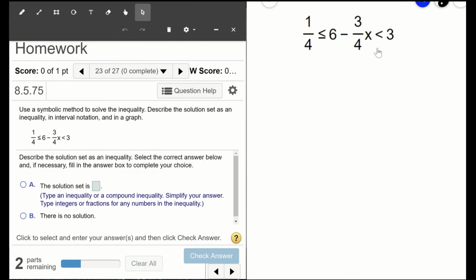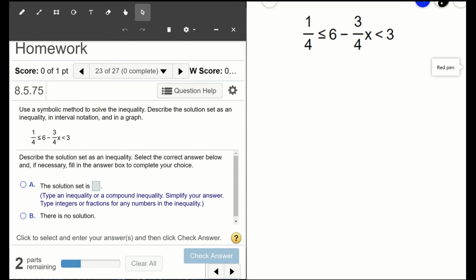All right, so here we have a three-part inequality. And remember, with three-part inequalities, whenever you do something to one part, you have to do that to all parts, right? So notice that the first thing we want to do is clear the fractions. We notice the LCD for all the fractions in the entire problem is 4. So we're going to go ahead and multiply all three parts by 4.